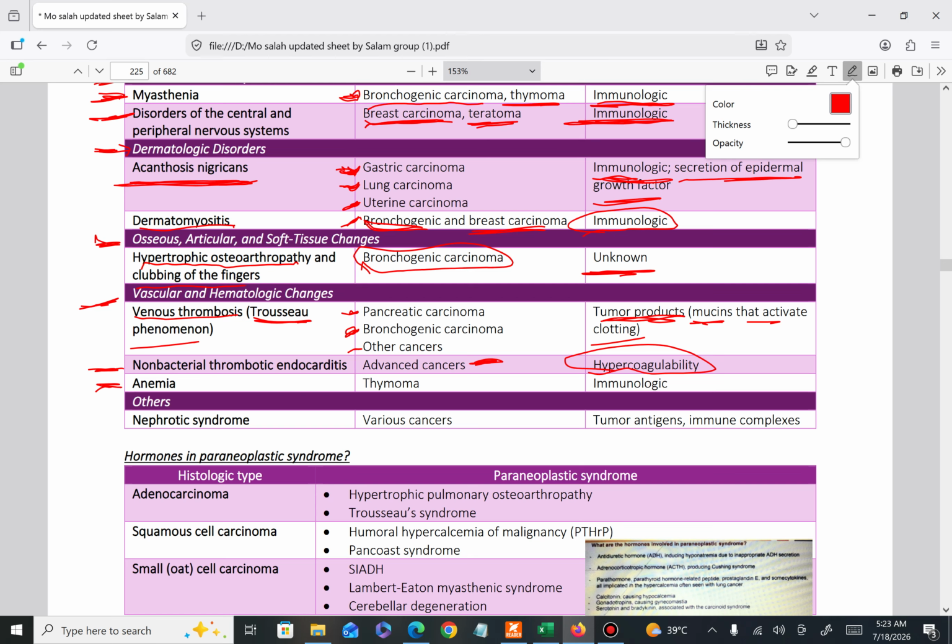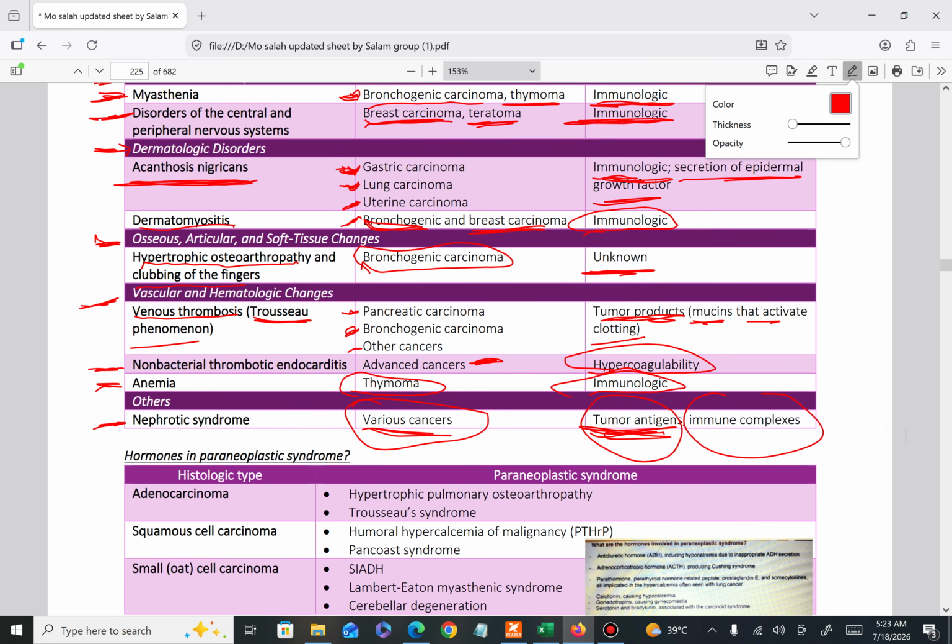Anemia is associated with thymoma, and the mechanism is immunological. Then nephrotic syndrome occurs with various cancers, and the agents involved are tumor antigens and immune complexes.